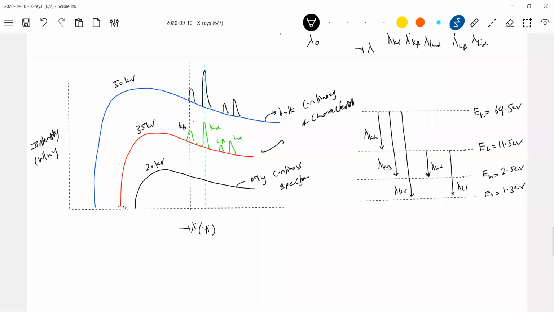Then lambda L beta. Now, when a vacancy is created in an atom, an atom with a vacancy in the K shell will have this much energy. To create a vacancy in the K shell, the electron needs energy. What is this E_K you're drawing?